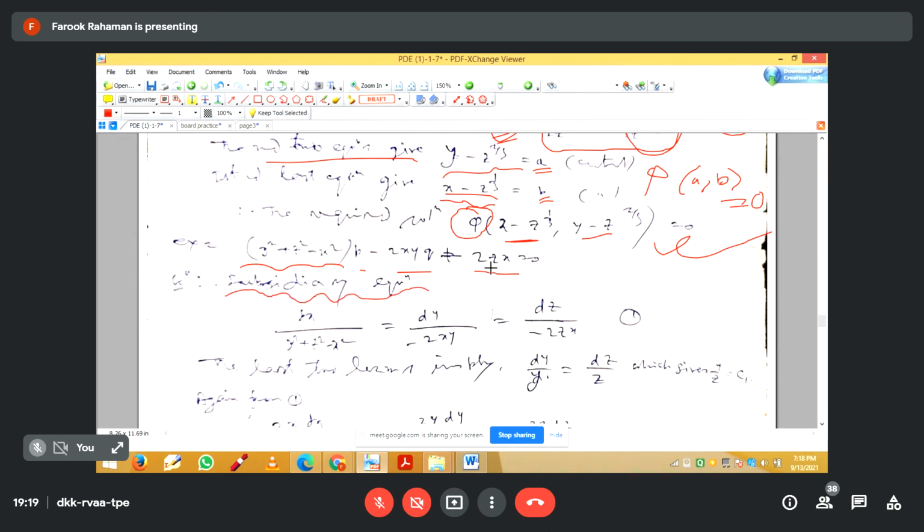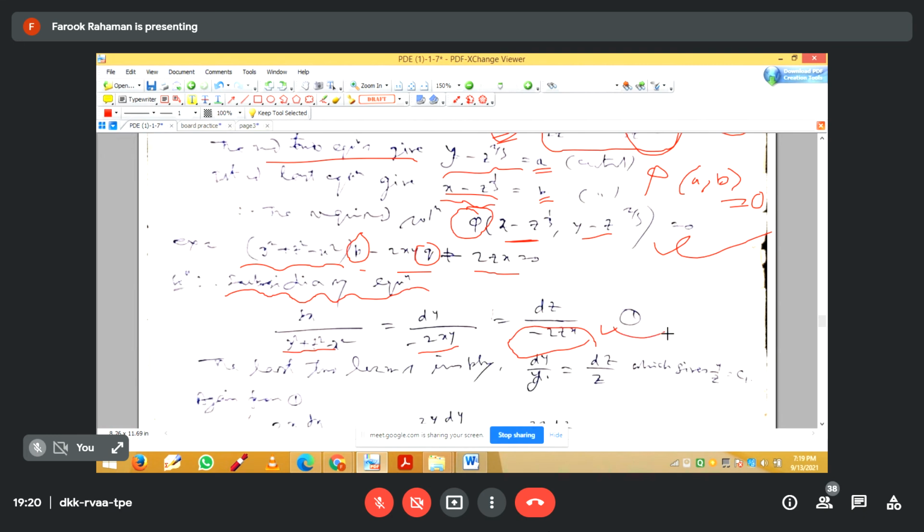So what is the subsidiary equation? dx by something equal to dy by something equal to dz by something. dx by the coefficient of p, dy by the coefficient of q, and the right hand side term is dz by this one. So just take it as the right hand side: minus 2zx.